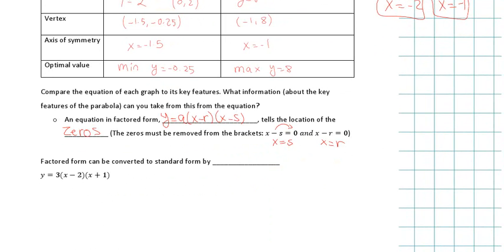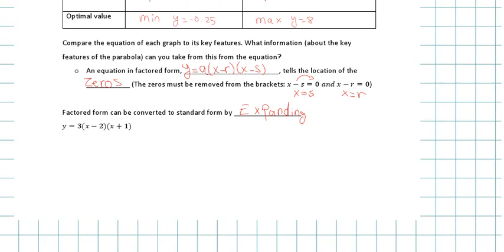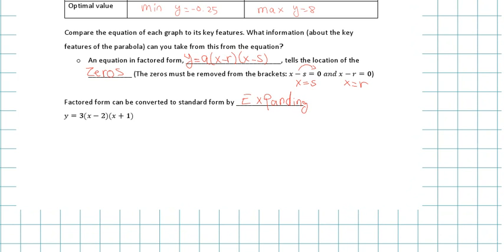Expand. So it's the foiling process, but it's called expand. How would I expand this? What do I have to do first? I multiply the brackets. I have to foil the brackets.